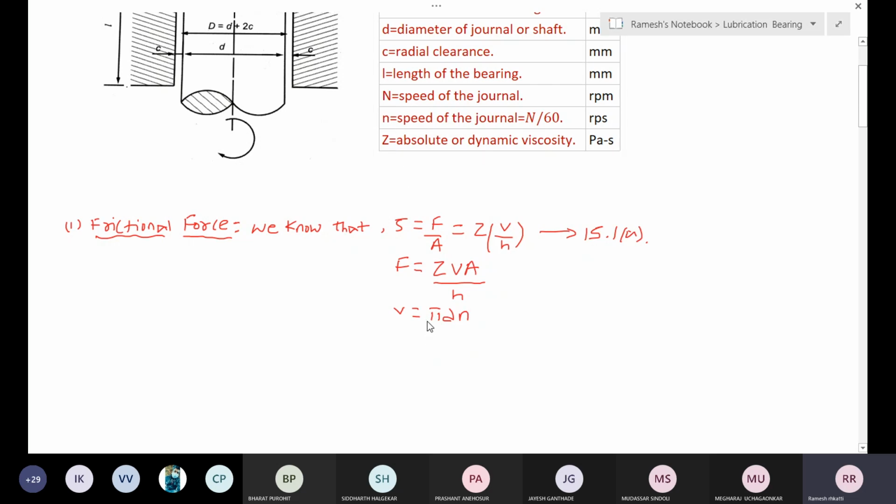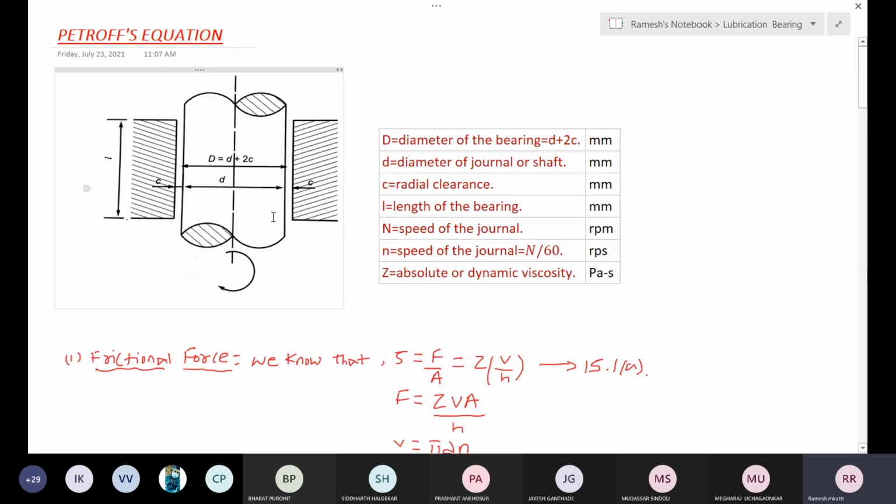Therefore, V is equal to pi d n, and A is the surface area.